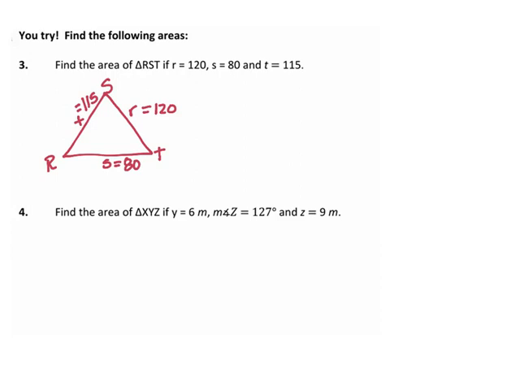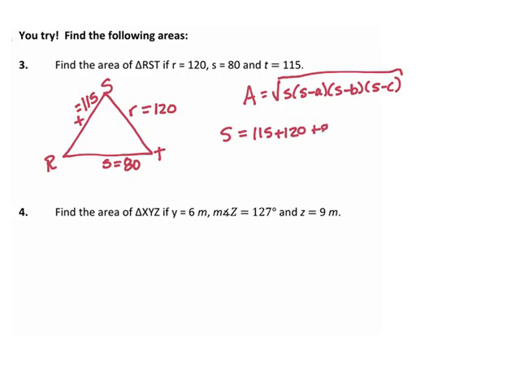We've got side, side, side, so we've got to use that other one that we just used. So let's go ahead and do that. So we've got A equals the square root of S, S minus A, S minus B, S minus C. And go ahead and find your semi-perimeter. So you're going to take 115 plus 120 plus 80 and divide by 2 and plug that in your calculator.